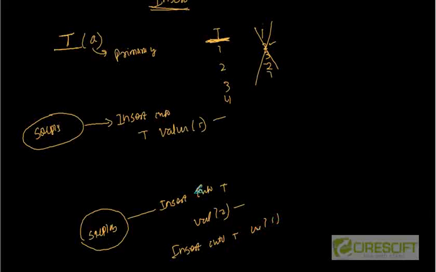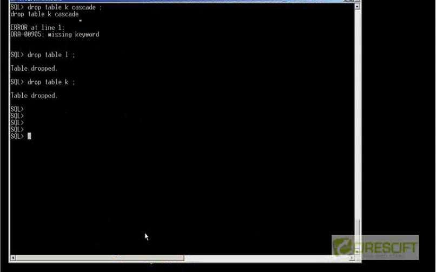What is going to happen? We already inserted 1, and since it's a primary key we cannot have a duplicate value. So this session is going to be blocked, because we cannot have duplicate values where we have a primary key constraint.